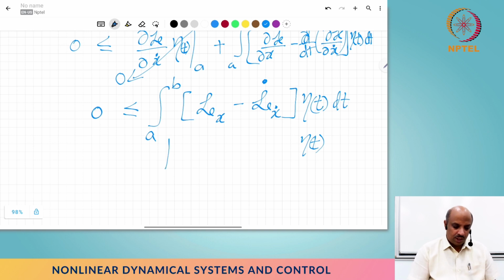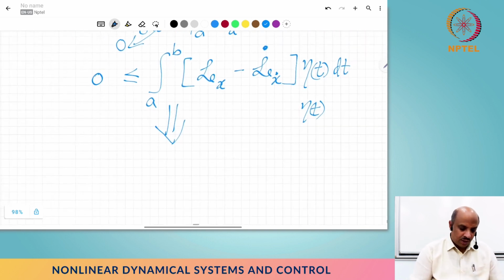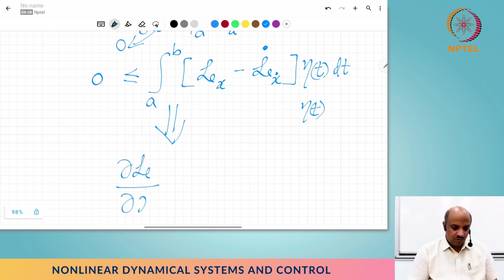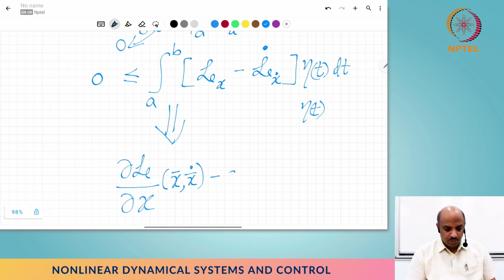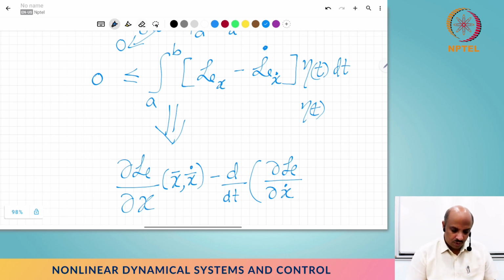This will actually imply, as you may guess, I'm going to write this carefully: the partial of L with respect to x evaluated at x bar comma x bar dot, minus d by dt of the partial of L with respect to x dot, evaluated at x bar comma x bar dot.